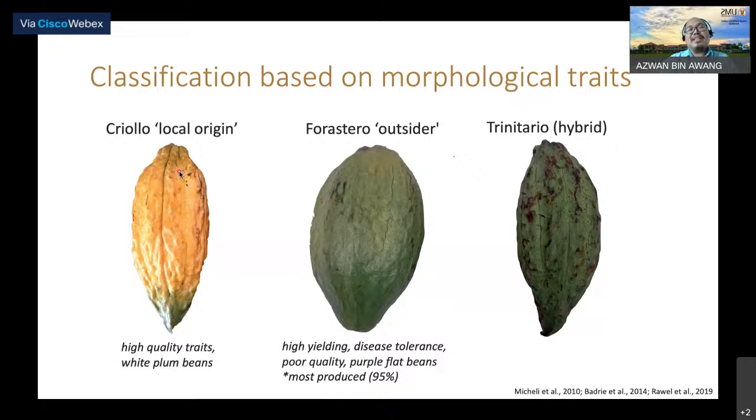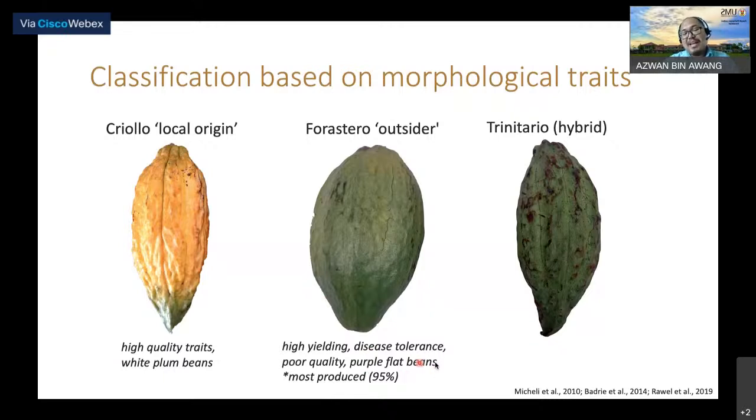But in terms of production, they are not that good. But Forastero here, you can see that they are high yielding. They are very disease tolerant, not like Criollo. But in terms of flavor quality, well, they are just so-so.